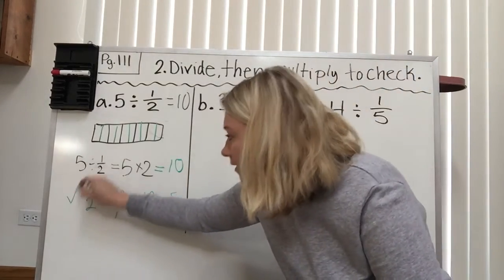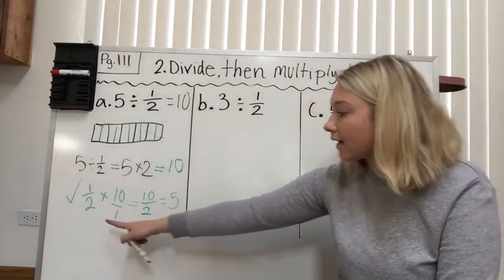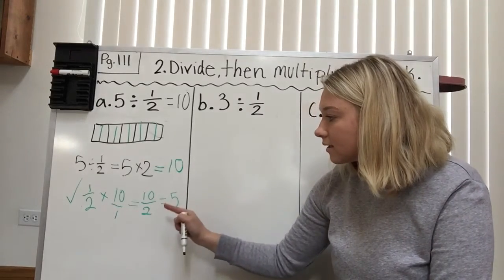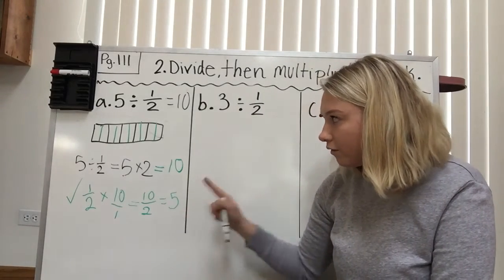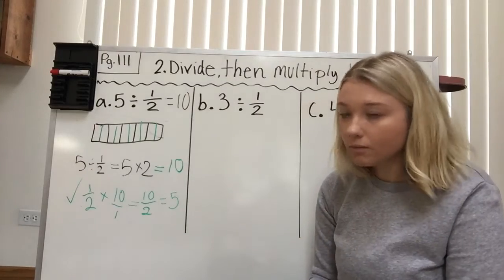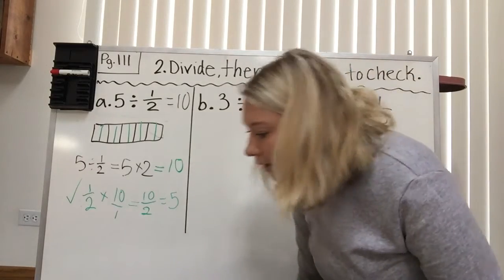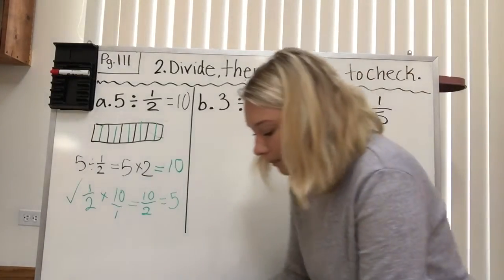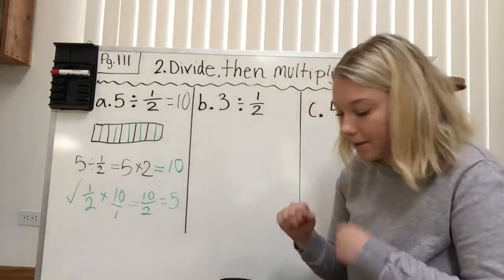So that's our check. The factor times the answer is also going to equal 5, our other factor. So now that we checked, let's move on to a different one.